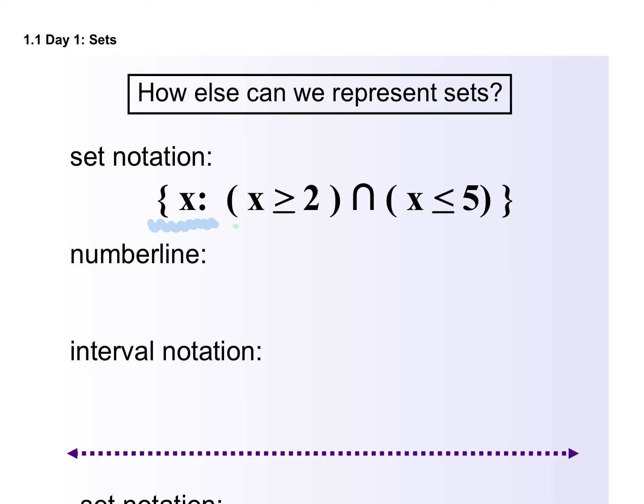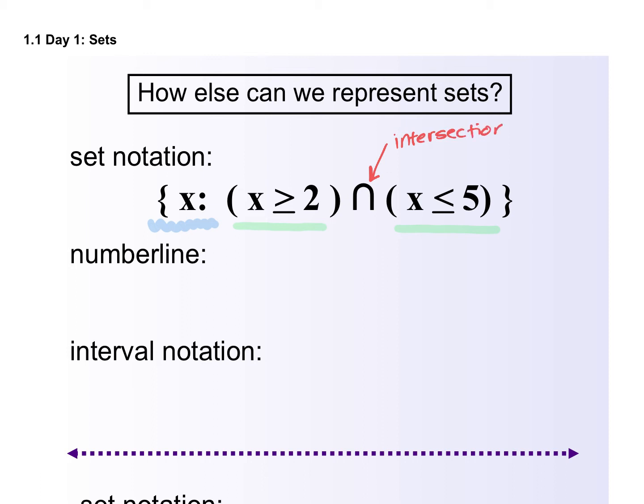The first characteristic here, x is greater than or equal to 2. The second characteristic, x is less than or equal to 5. And then this symbol in the middle, again, is the intersection.